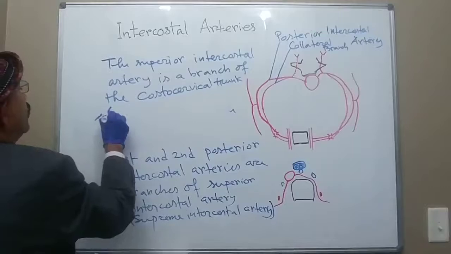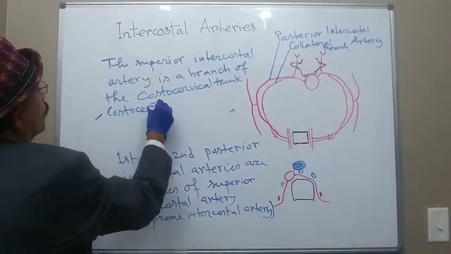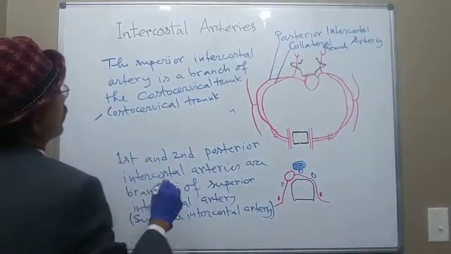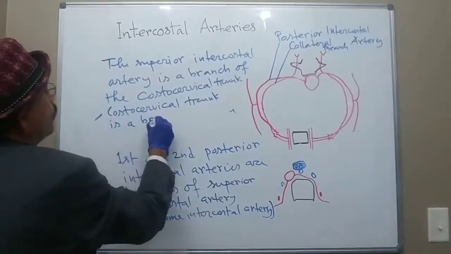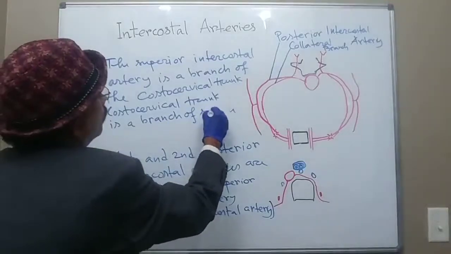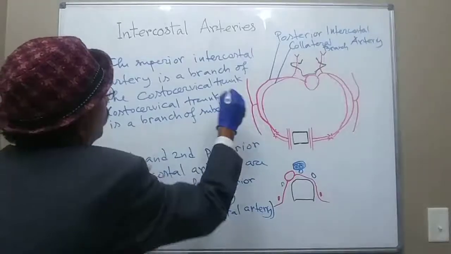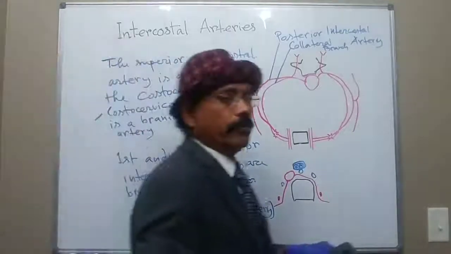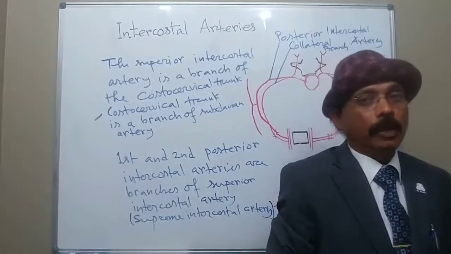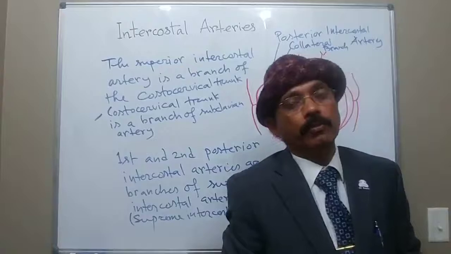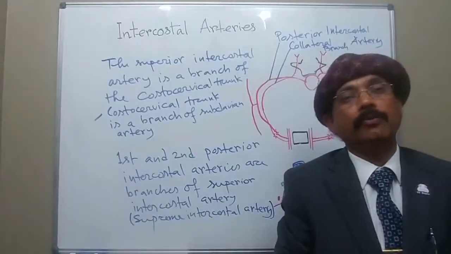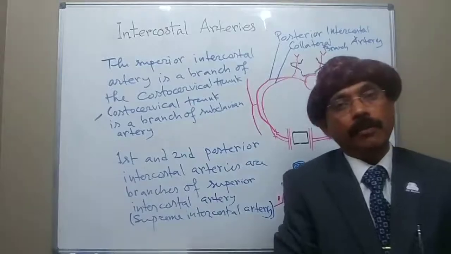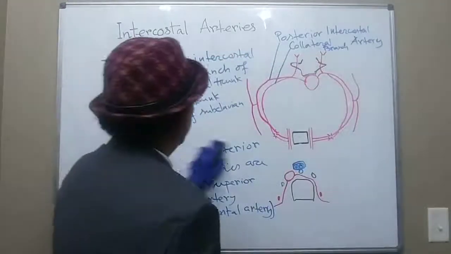So we got the first and second posterior intercostal arteries, branches of the superior intercostal artery or supreme intercostal artery. That is a branch of the costocervical trunk, and the costocervical trunk is a branch of the subclavian artery. Okay, we got that.